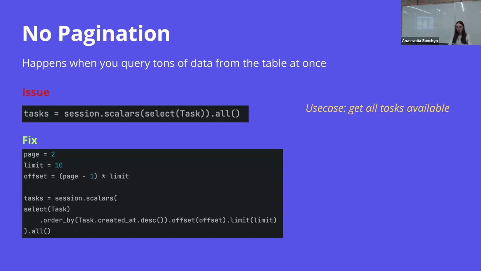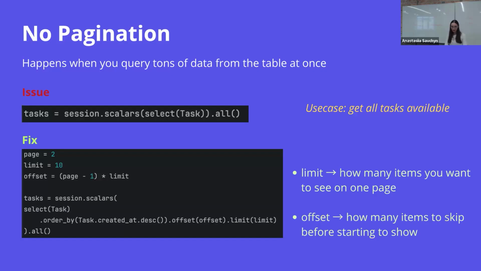So if you want to check some tasks, and you have 1,000 of them, you will probably wait 3-4 seconds, depending on how much stuff you are loading. But if you use pagination and specify that it's page 1 and you want to get 10 tasks, you will get the first 10 tasks and it will cost you milliseconds, but not 3 to 4 seconds, or maybe a minute. It depends how many tasks you have.